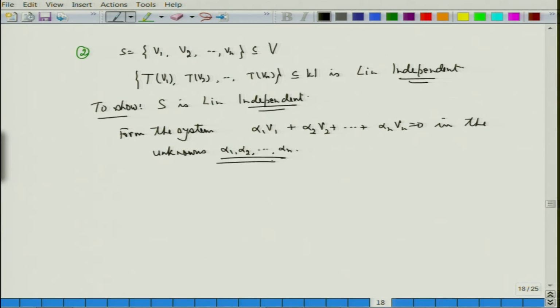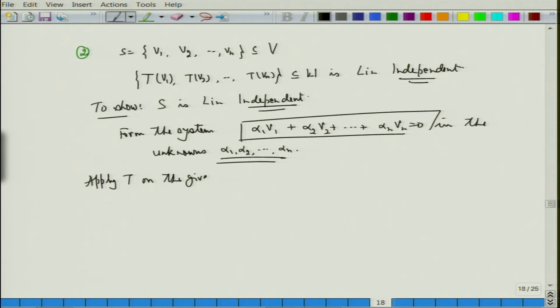So, look at this system, form this system, all right. Here I do not know the values of alpha i's, I am supposed to find those values, all right. But now I can apply T to it, fine. So, apply T on the given system. All right.